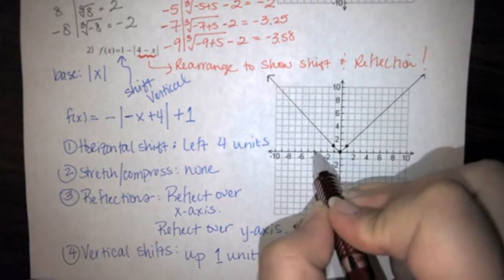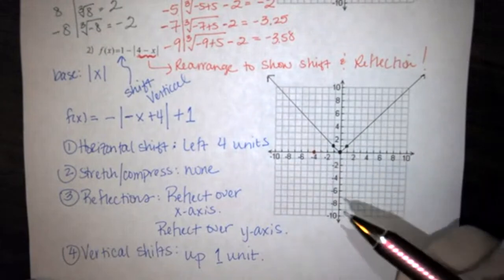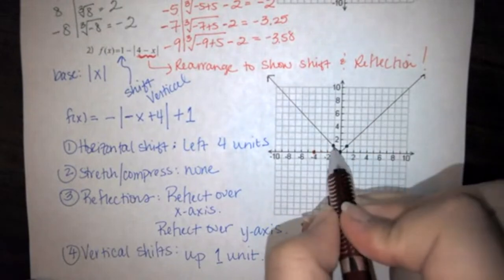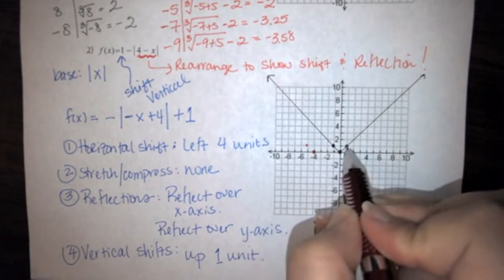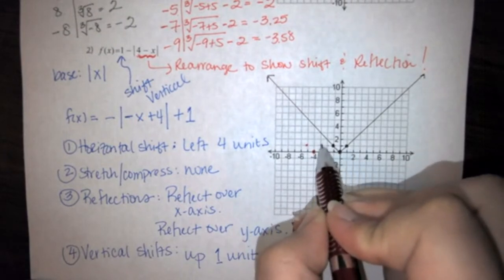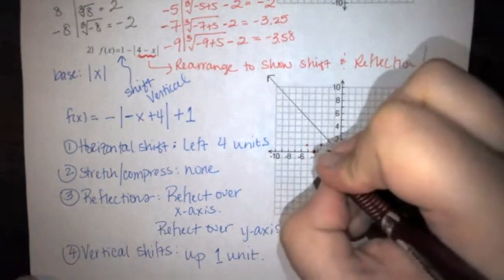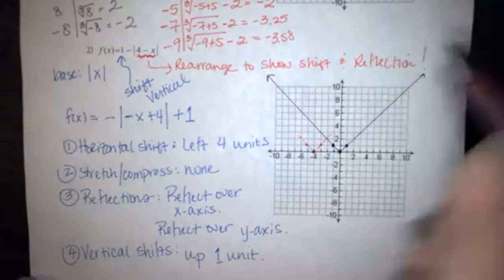That puts it right here. That also means each of these has to shift 4 units. So if we start with this one, 1, 2, 3, 4, puts it here. And this goes 1, 2, 3, 4, puts it here. And so this would be my horizontal shift.